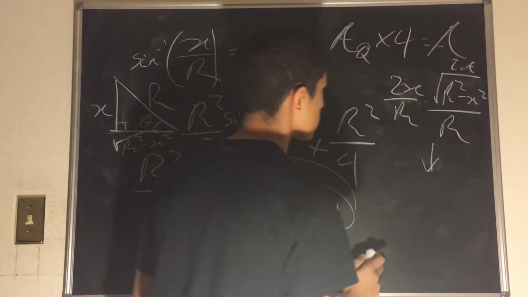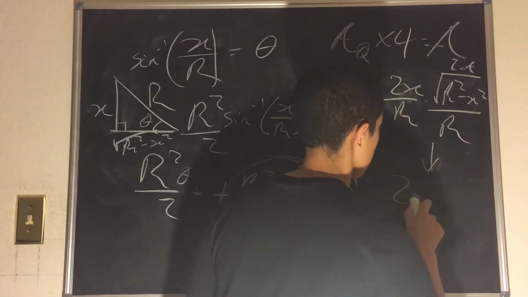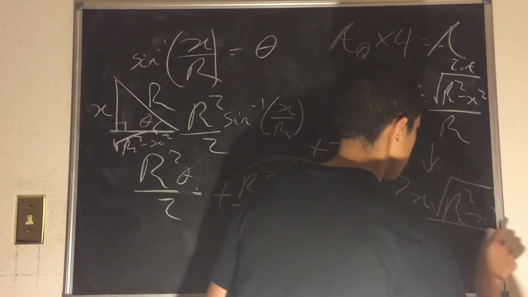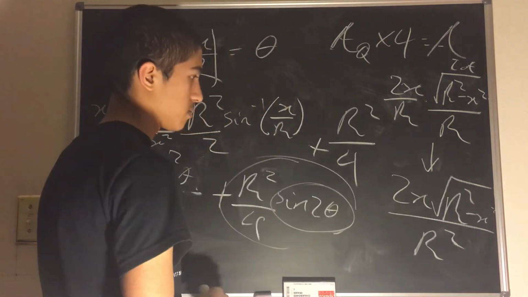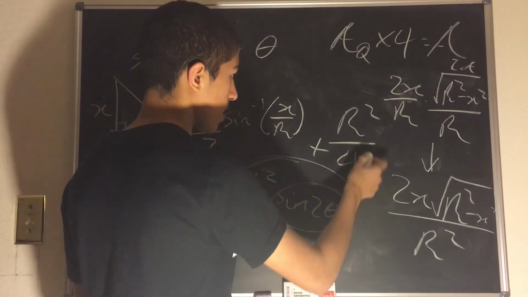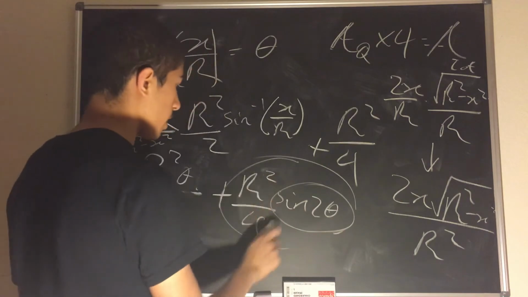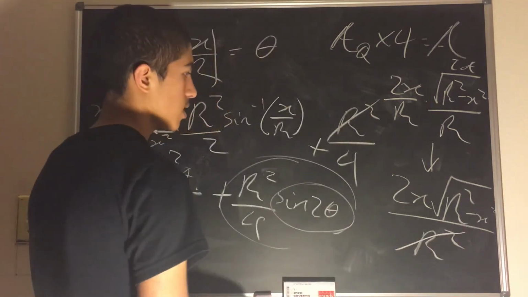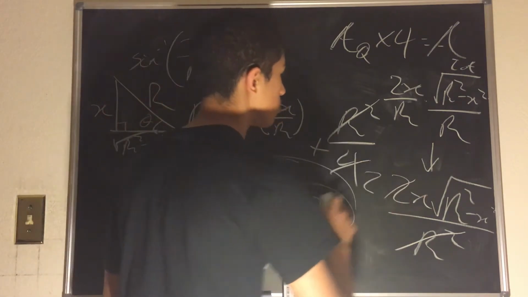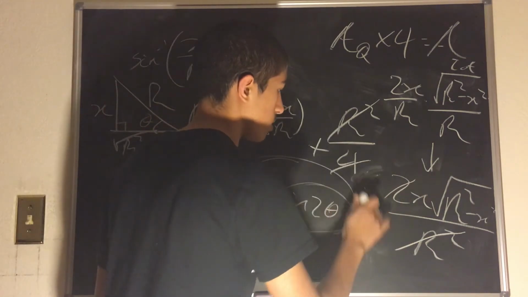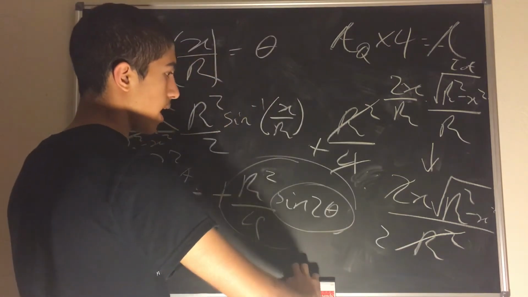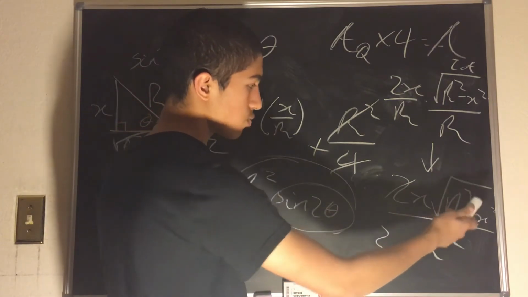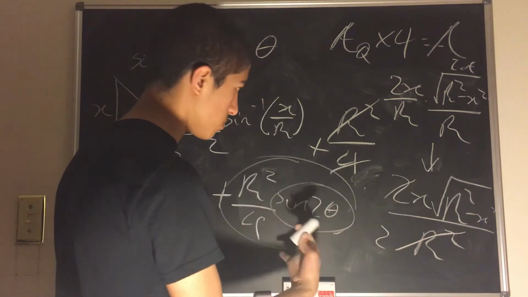So this equals 2 times x square root r squared minus x squared divided by r squared. And then when we multiply that by r squared by 4, the r squared and the r squared cancel out. The 2 and the 4 cancel out to become a 2 on the bottom. So this entire term is equal to x multiplied by the root of r squared minus x squared divided by 2.